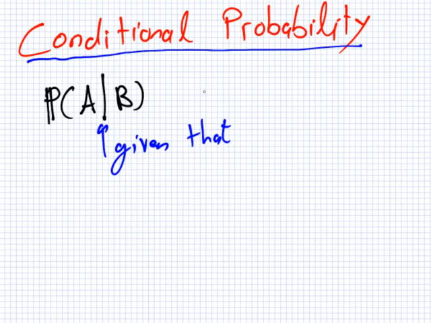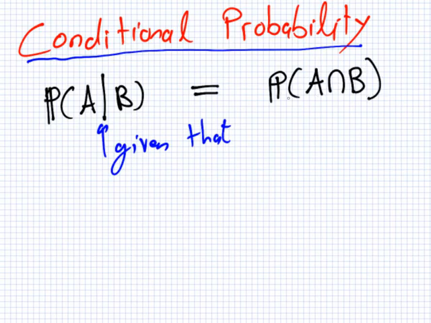We actually have a formula we can use. If we want A, given that B has happened, it's the probability of both A and B happening together, divided by the probability that B would happen. This is a formula to calculate conditional probabilities.